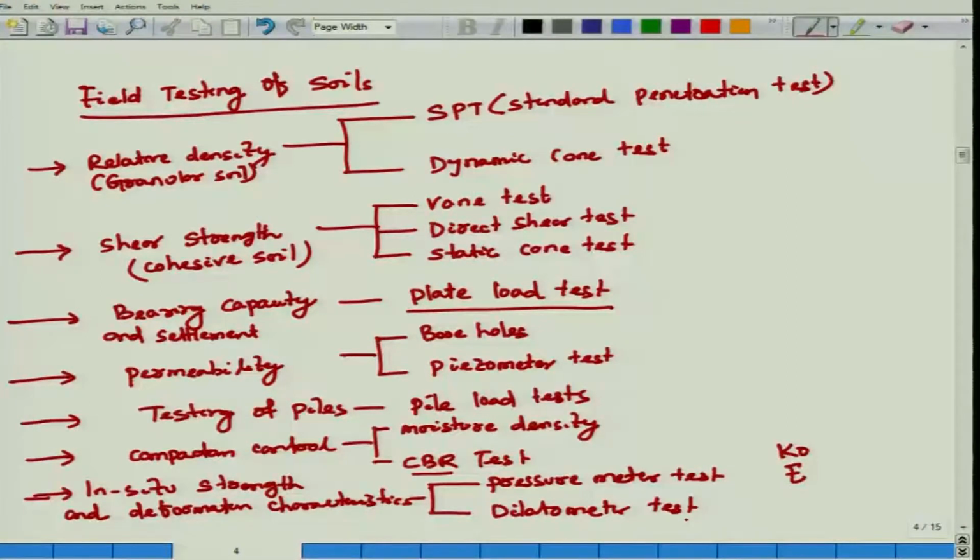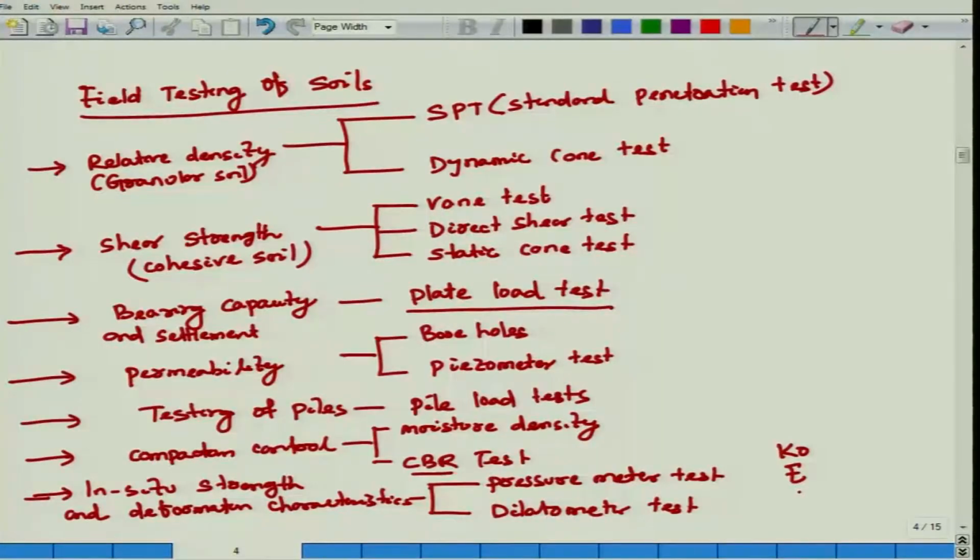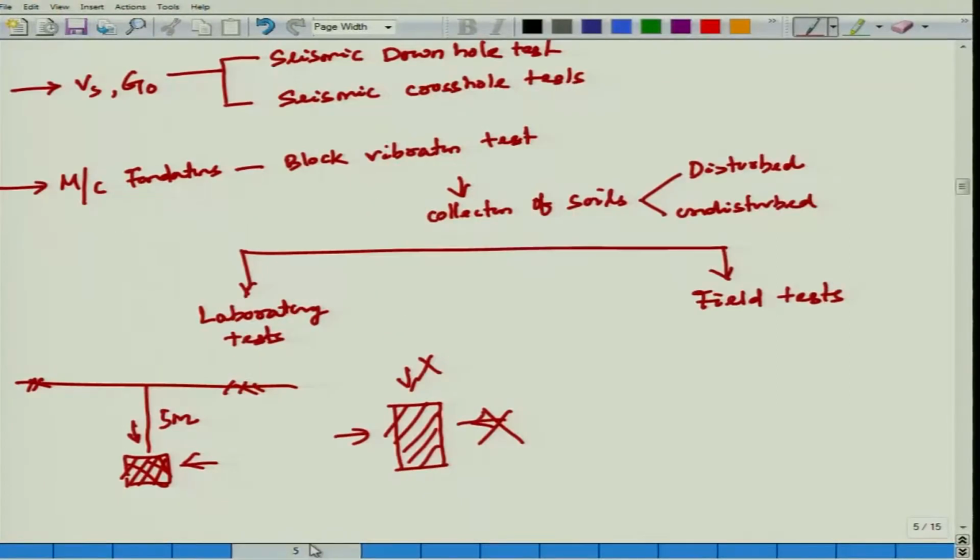For dynamic conditions, particularly response analysis, liquefaction, earthquakes, you need certain values: shear velocity, E, mu and G. These are the parameters required for your modeling. So, dynamic shear modulus G0. There are two field tests available, seismic downhole, seismic crosshole. There are also many others available, generally as per your ASTM standard.